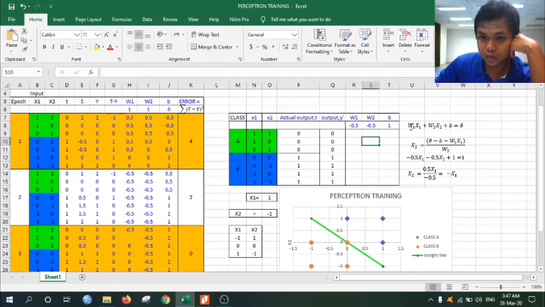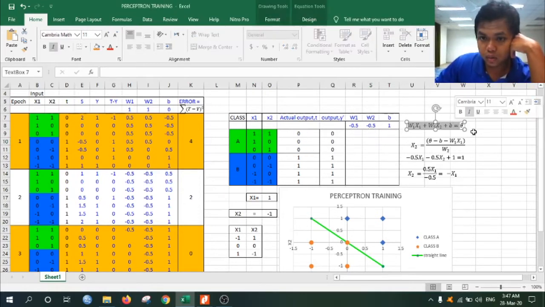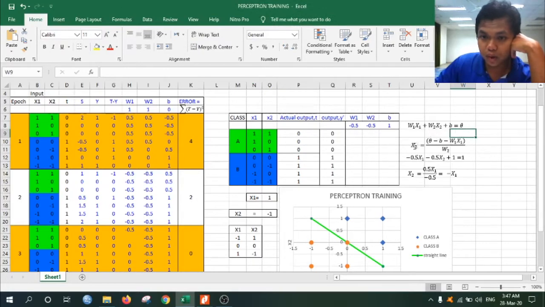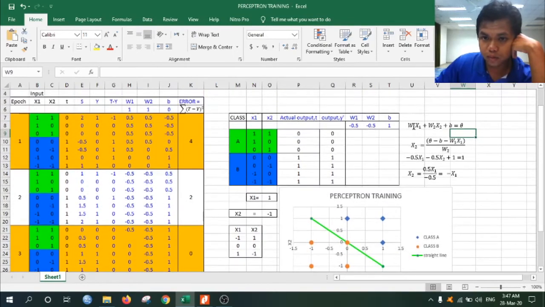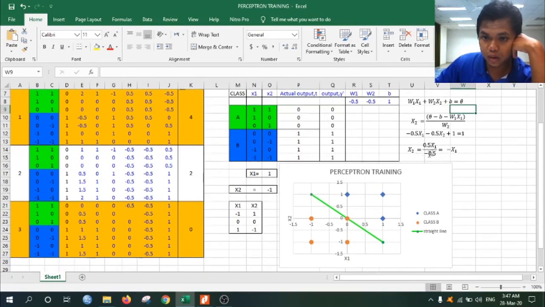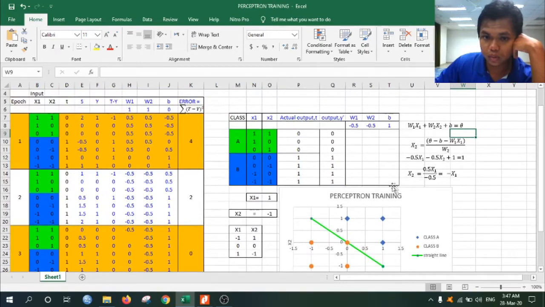So this is the formula, and to find the coordinate, we need to find S2 by transferring W1 S1 and B to the right side, and then we get S2 equal to negative S1.